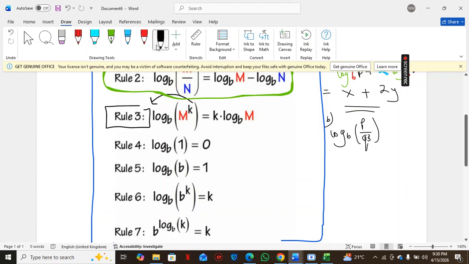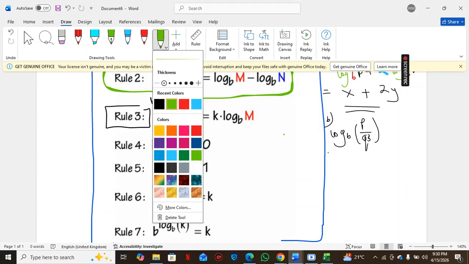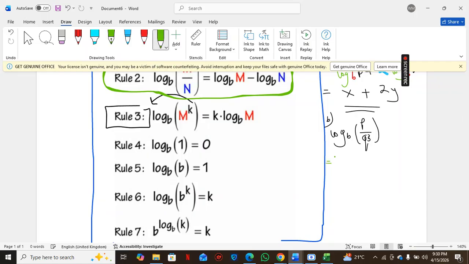So it's going to become log_b p minus log_b q cubed. We've applied the quotient rule.